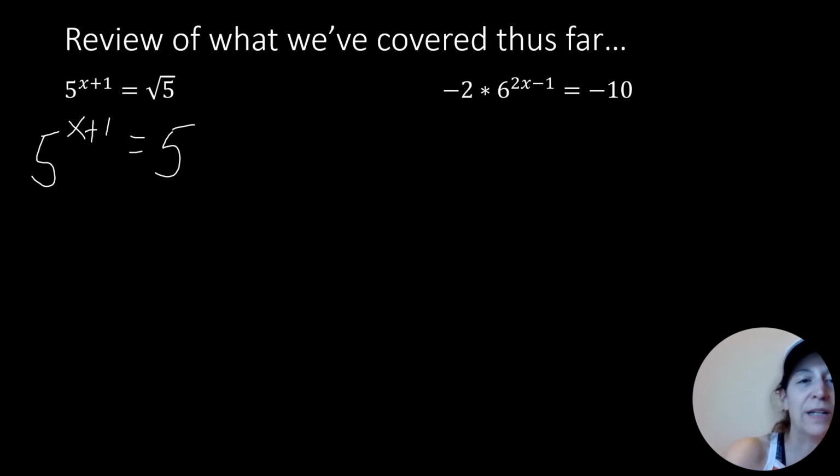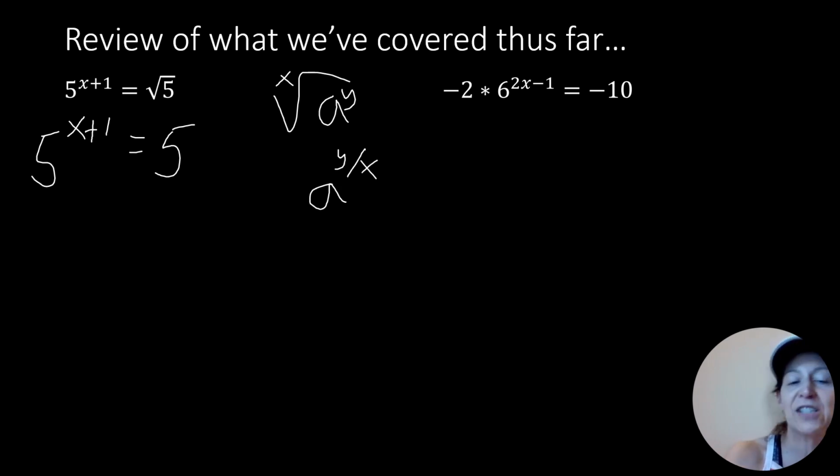We would do it this way: if you had something like the radical with index x of a to the y, that would be a to the y over x. So the index of the radical would become the denominator of the fraction, and the exponent would become the numerator. And you could do that with any radical at all.